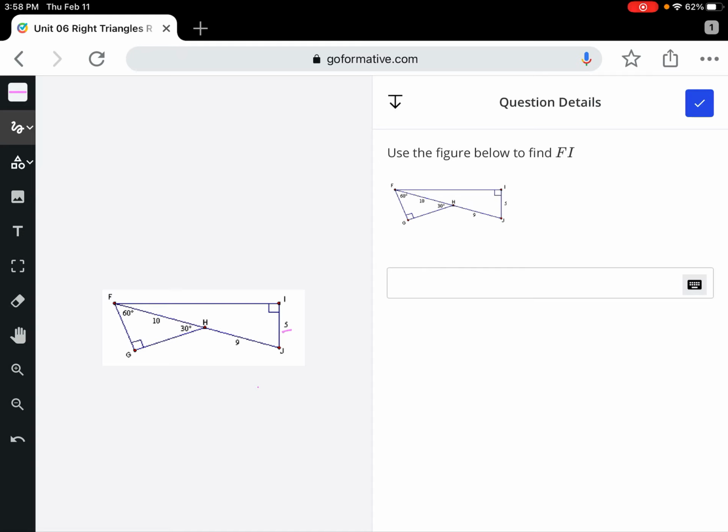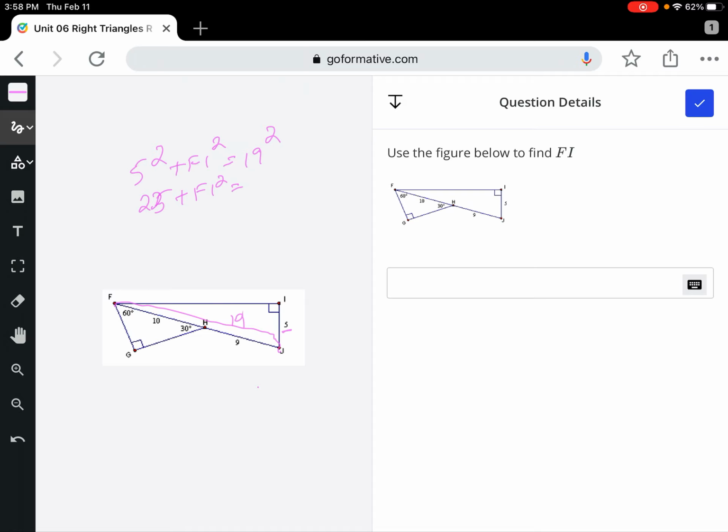You're given that this is 5. FI isn't that bad, because if this is 10 and this is 9, the whole thing is 19. So I know 5 squared plus FI squared is equal to 19 squared.